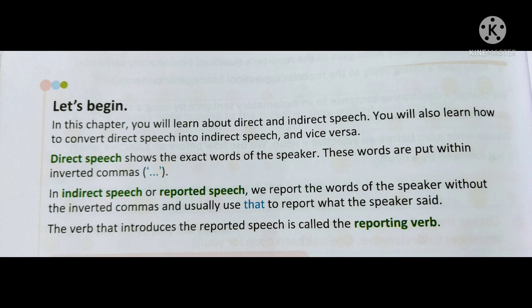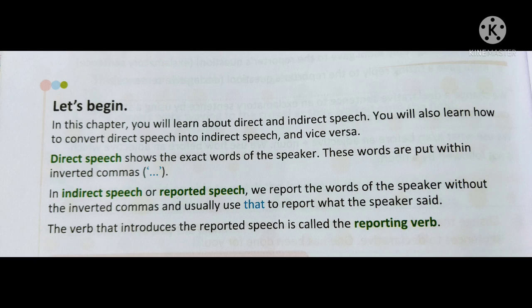But when you talk about the second type, indirect speech, it means we are reporting the words of the speaker without the inverted commas, and we usually use the conjunction "that" to report what the speaker has said. You are using your own words to convey the activity of the speaker to another person.